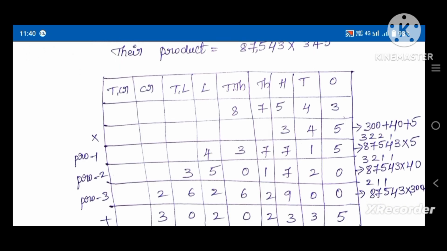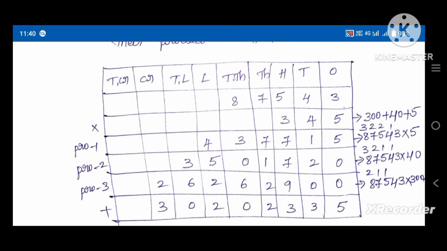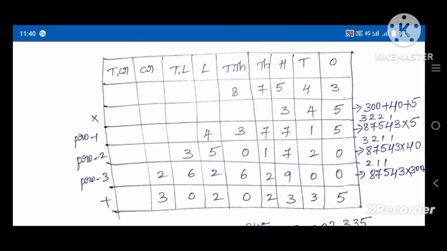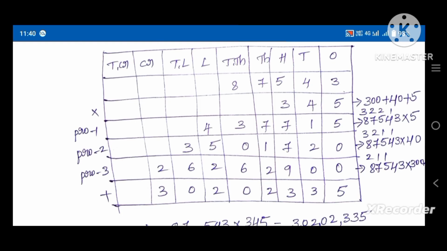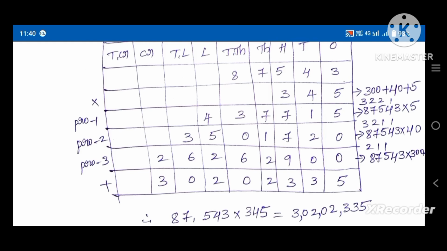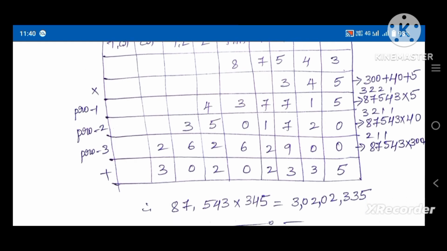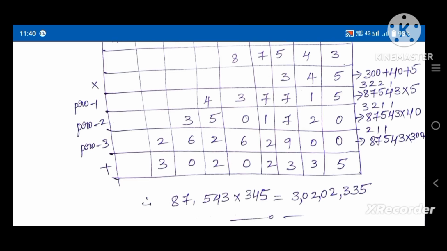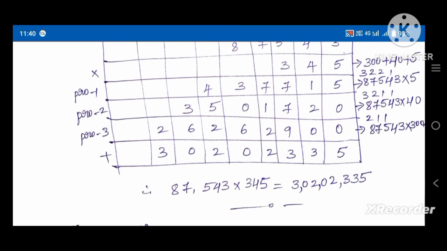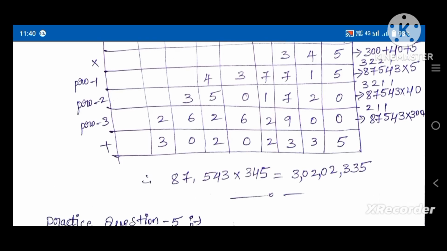87,543 into 345. Ones place 3, tens place 4, hundreds place 5, thousands place 7, ten-thousands place 8, into 345. 345 means 300 plus 40 plus 5. First product is 4,37,715. Second product is 35,01,720.